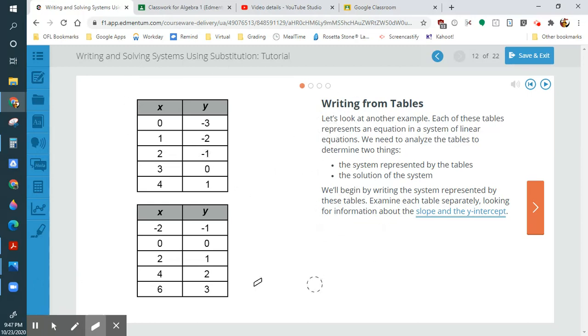So now we're going to write a system of equations. This one, I feel they're trying to challenge you, but they're honestly not that hard. Especially when we already know, remember, our b is always our y-intercept. What's a y-intercept? Well, a y-intercept is when x equals 0.